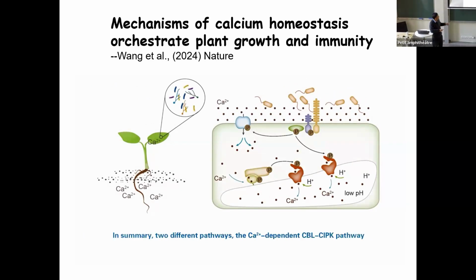So that's in summary, two different pathways. The calcium-dependent CBL-CIPK pathway responds to a high level of calcium to always keep the calcium level low, right? In response to patterns, the PRRs activate the kinase.